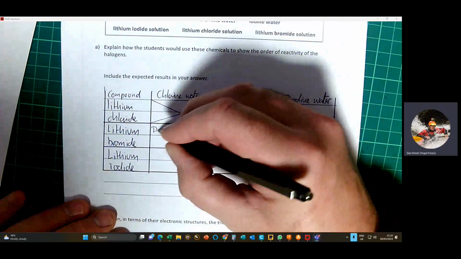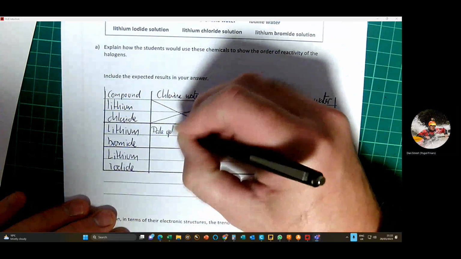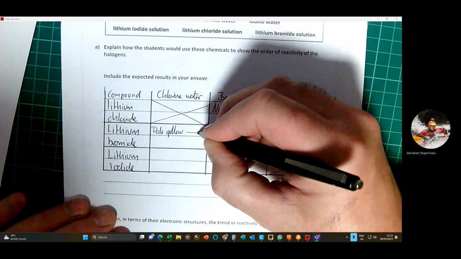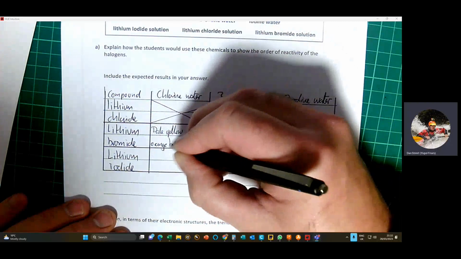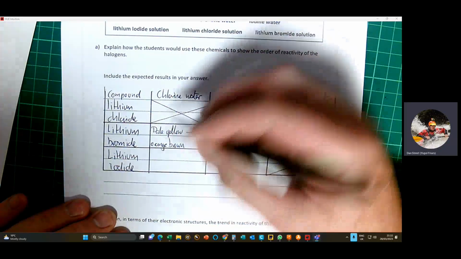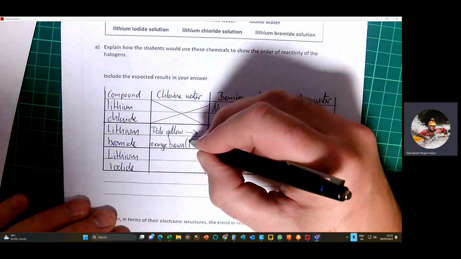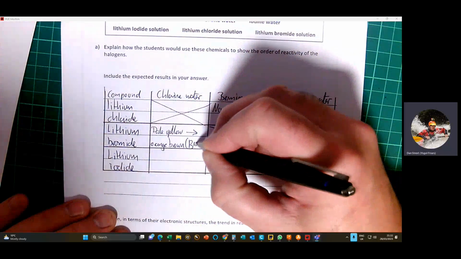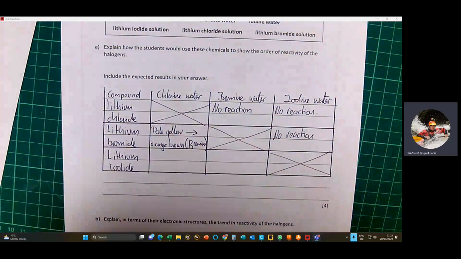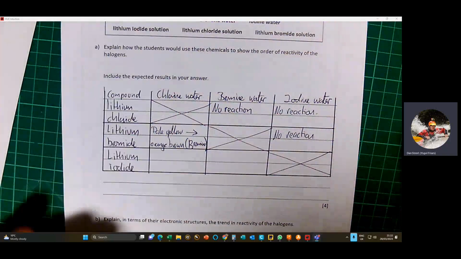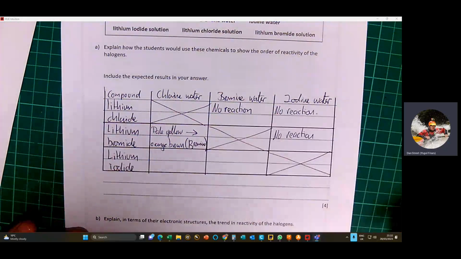So we get pale yellow changing to orangey brown, and that's due to the displacement of the bromine. Sorry, the bromide becomes bromine, and therefore we get the orangey brown color.